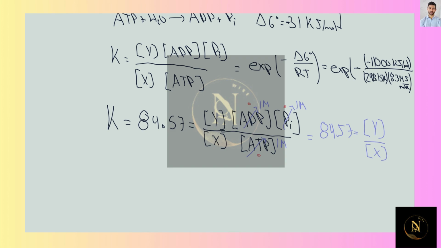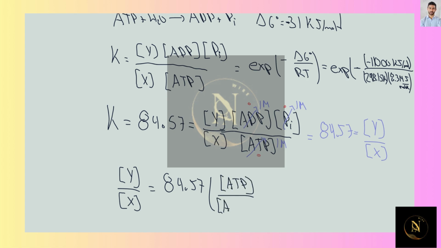For example, your final result would be concentration of Y divided by concentration of X equal to 84.57 times the concentration of ATP divided by the concentration of ADP and the concentration of inorganic phosphate. You just need to replace the values over here, and that would be all.